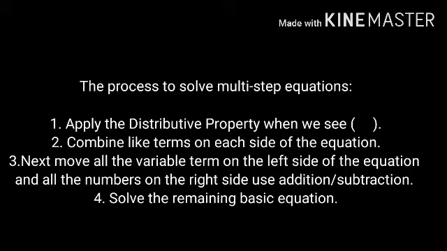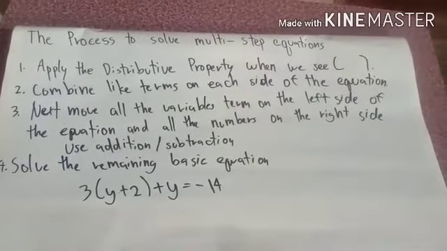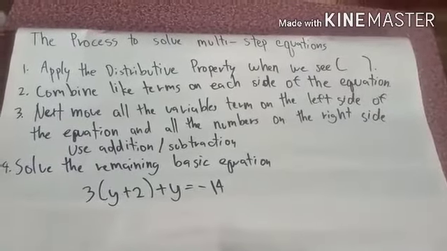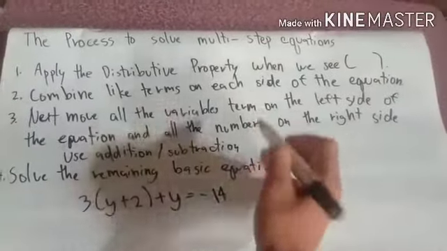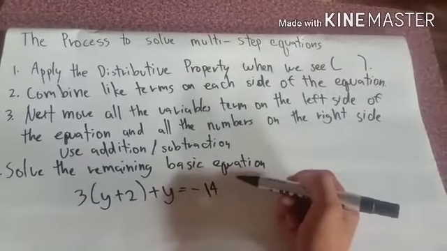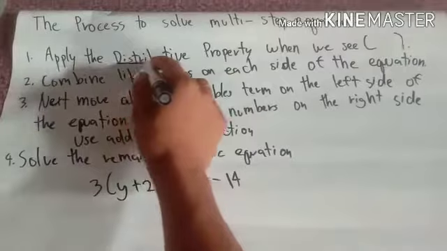This is the one-step and two-step equation review before we go to the multi-step equation. And now we'll proceed to how to solve the multi-step equation using this. Now the process of multi-step equations. First, we need to apply the distributive property, seeing parentheses.